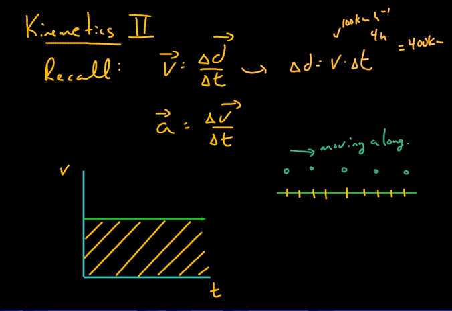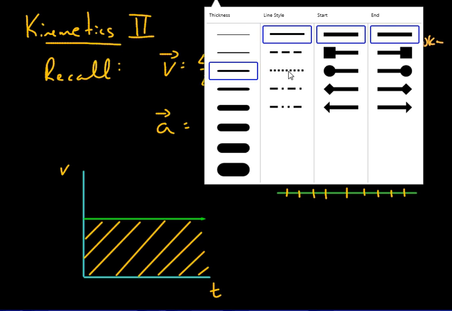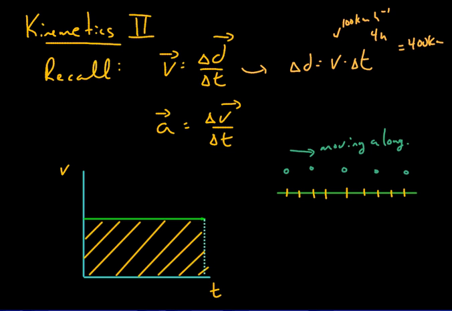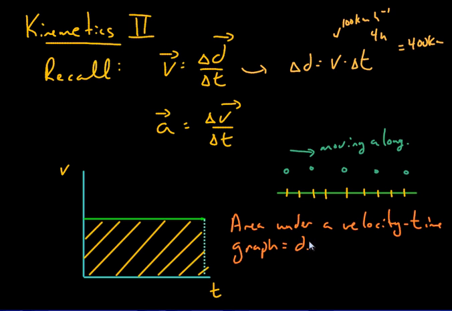So let's write that down, because it's kind of important. So we'll say the area under a velocity time graph equals displacement.